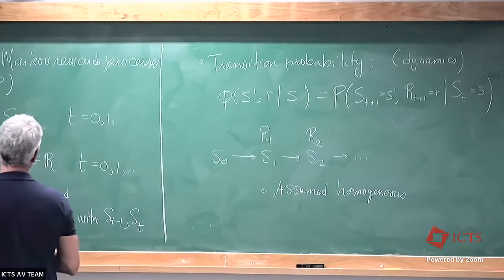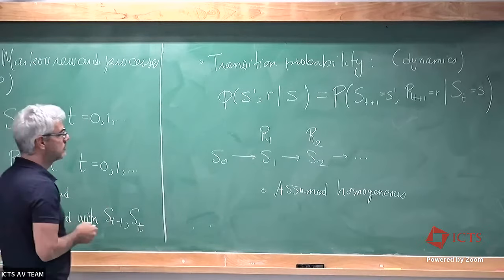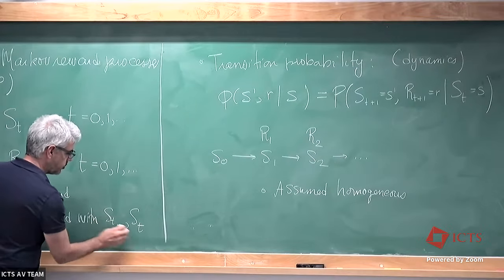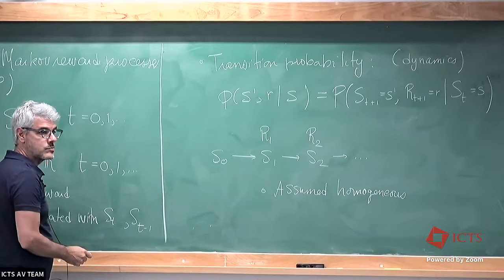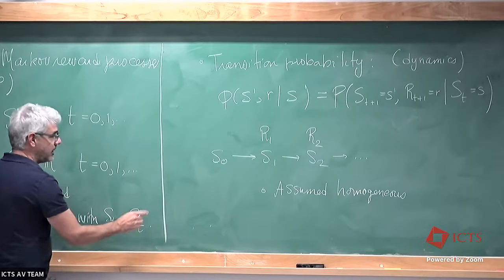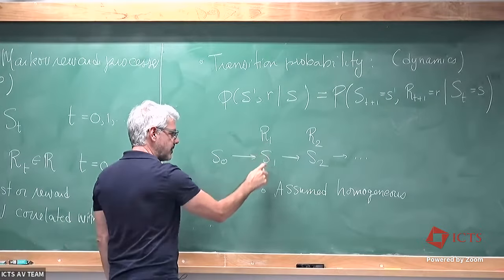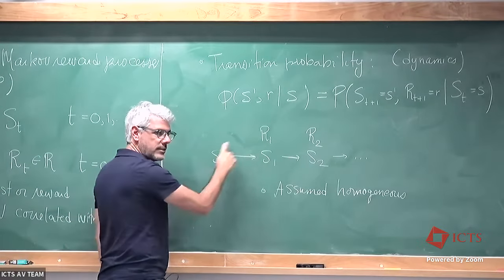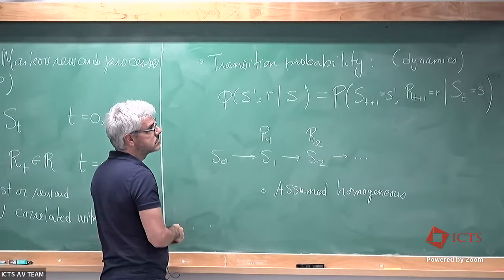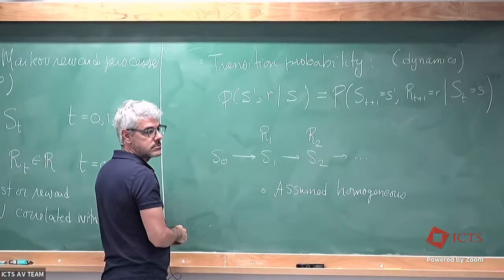The reward is correlated with S_{t-1} and S_t. So I'm sorry, here I should put something like this. Well, it's the same, right? I'm going to write the reward as being associated with this one, but really the reward is correlated with the two. But here it looks like the reward at t plus 1 and the state at t plus 1 depend only on S_t.